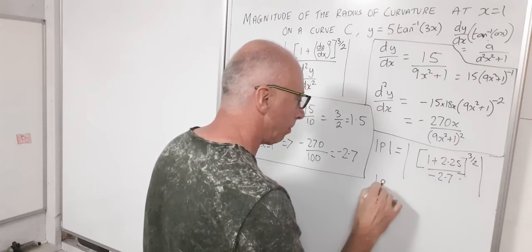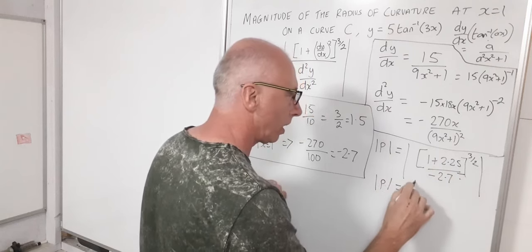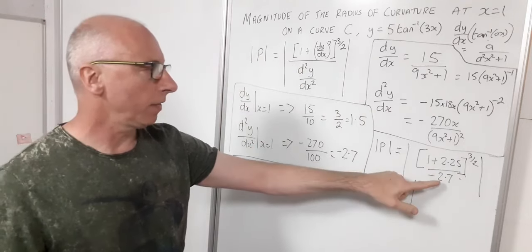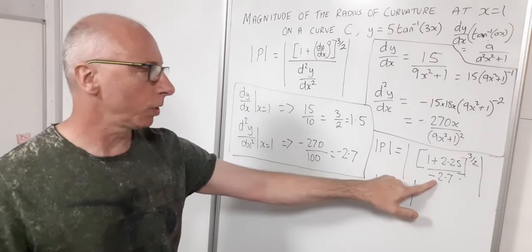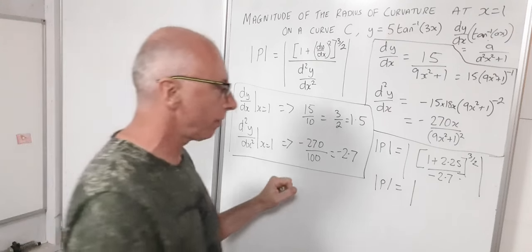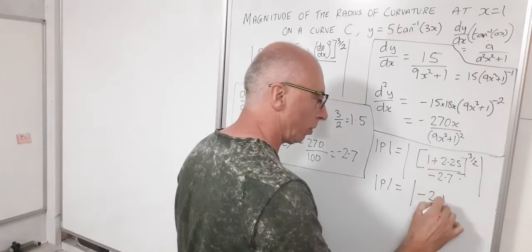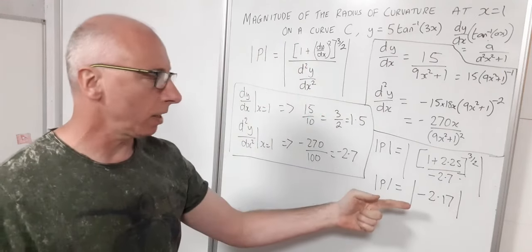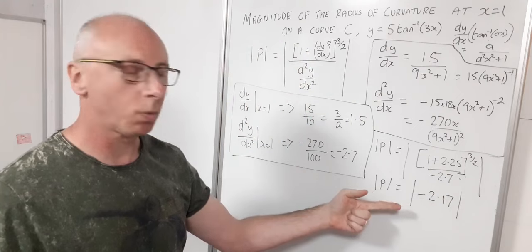Okay, so now the absolute value of rho is the absolute value of this thing on the numerator divided by minus 2.7. Now, if we plug that into a calculator, we're going to get something around about minus 2.17. Now, if you take the absolute value of that, that's just going to give me 2.17.